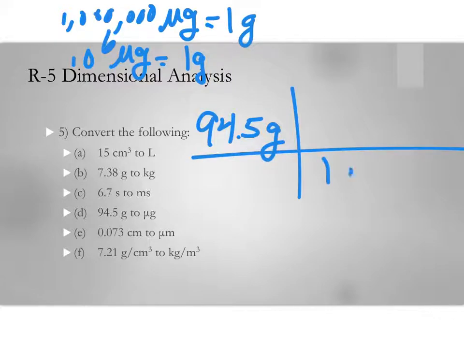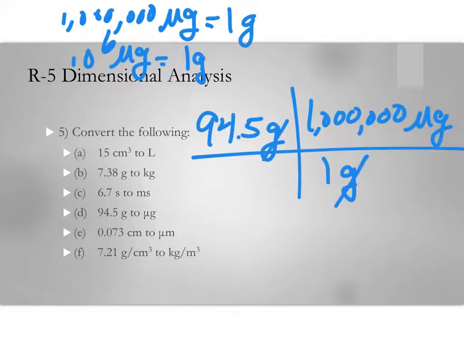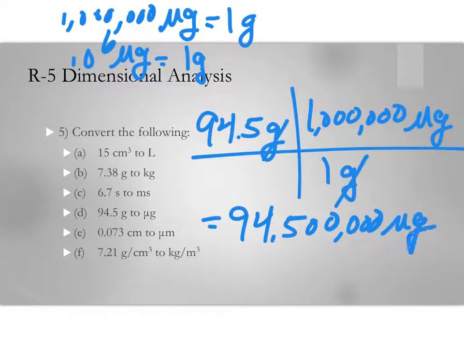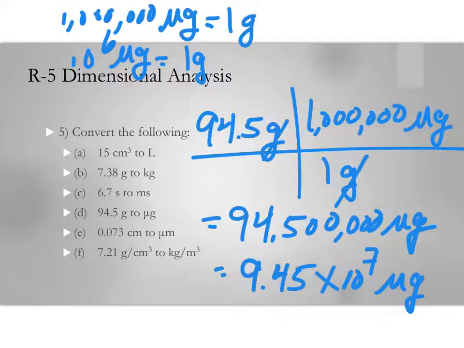You could use 1 gram here and 1,000,000 micrograms above, because the grams cancel out, and you're left with 94.5 million micrograms, or 9.45 times 10 to the 7th micrograms. 1, 2, 3, 4, 5, 6, 7 times you have to move the decimal place, so 10 to the 7th.